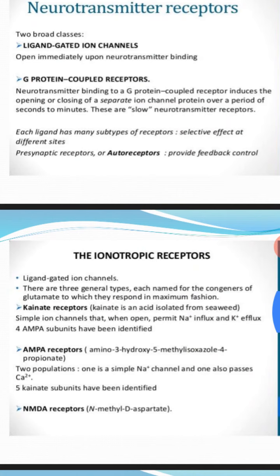The characteristic thing is that any neurotransmitter will be excitatory or inhibitory depending upon the nature of the ion channel, whether sodium is coming in or potassium is going out. So the nature depends on which type of ion channels they affect. In ligand gated receptors, as I have told you, it depends.